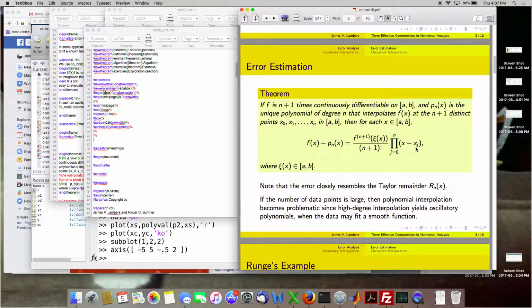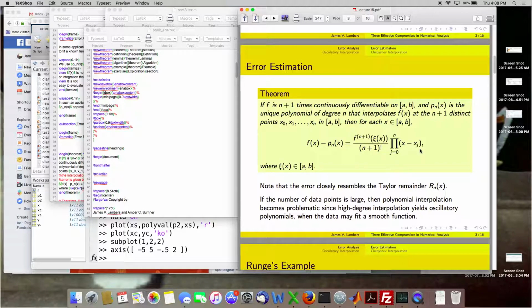So what I have here is a product of linear factors. This is a factorization of a polynomial with roots x0, x1, x2 up to xn. Because I've chosen my xj's to be roots of a Chebyshev polynomial, this is the Chebyshev polynomial right here, almost.